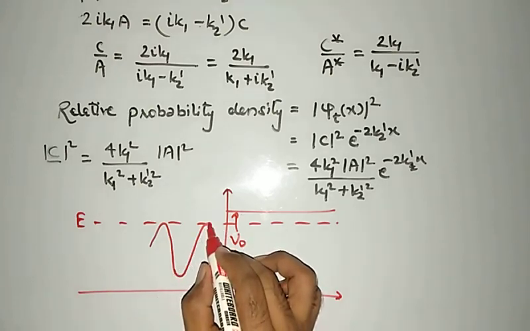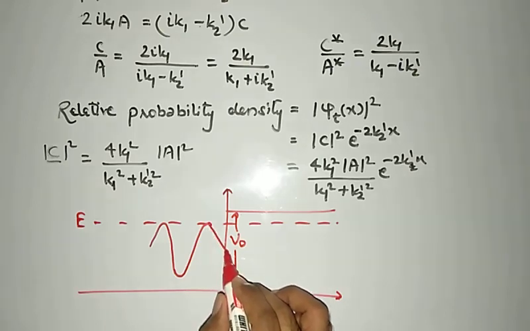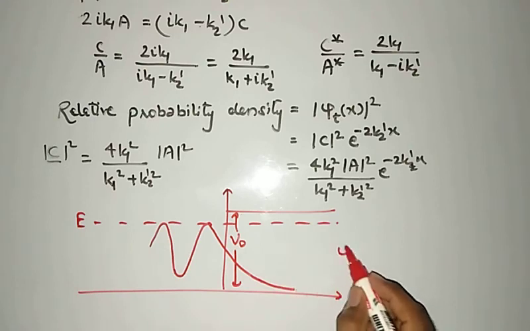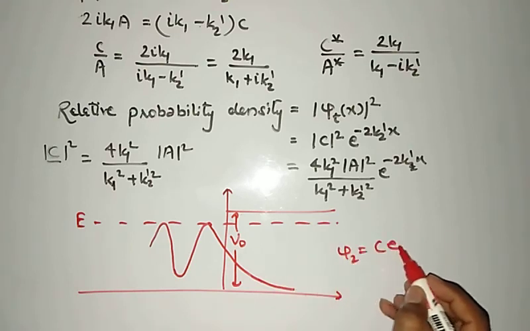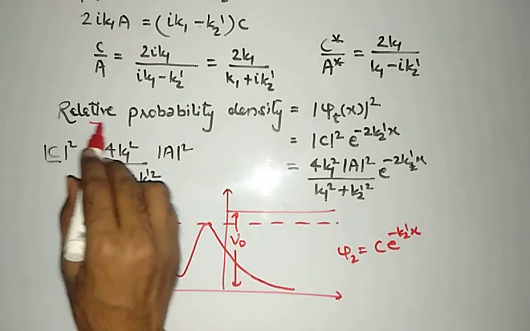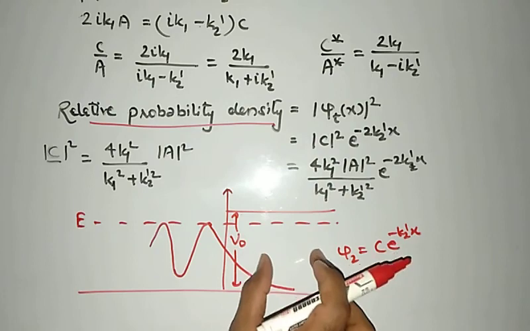Now this wave will decrease exponentially, because we have seen that the value of psi 2 is c e to the power minus k2 dash x, and we have the relative probability density for the second region.